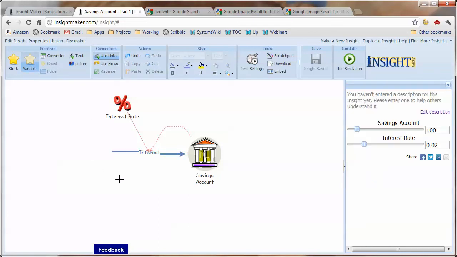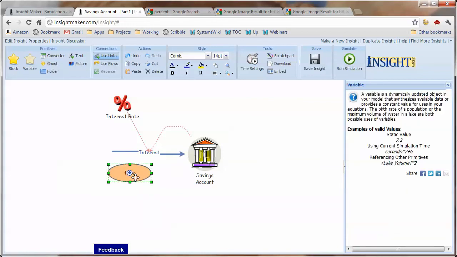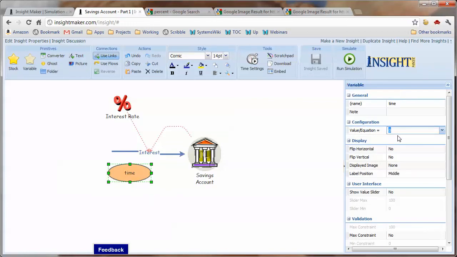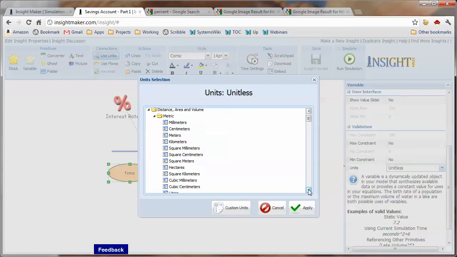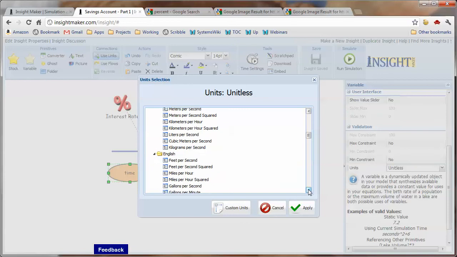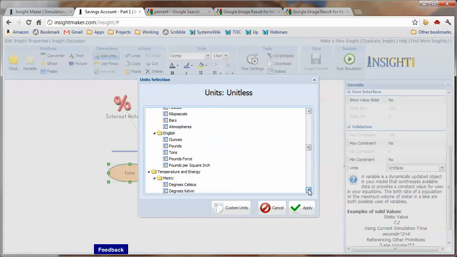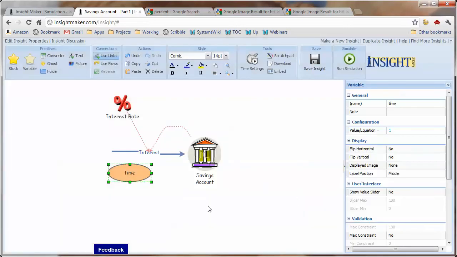So we'll add another variable and call it time and set it equal to 1 and define the units as simply years. After a while you get to know where these are, and that still hasn't happened. So this is the time, which is in years.